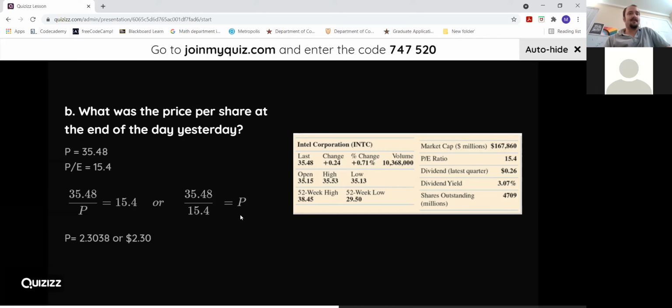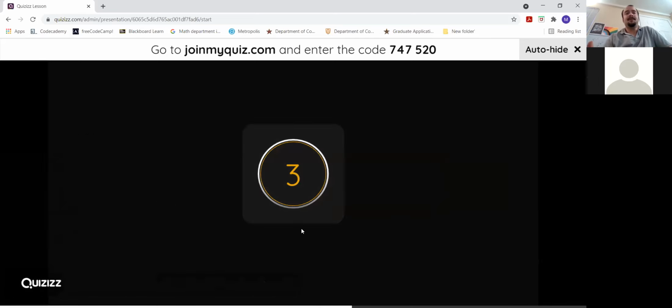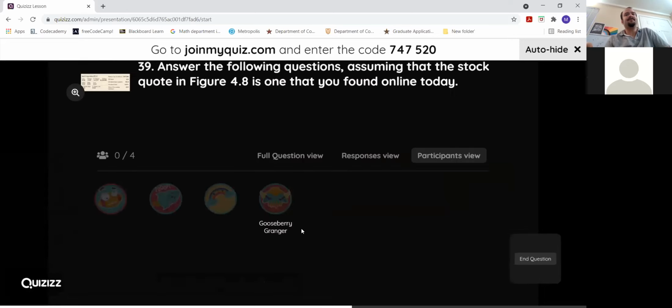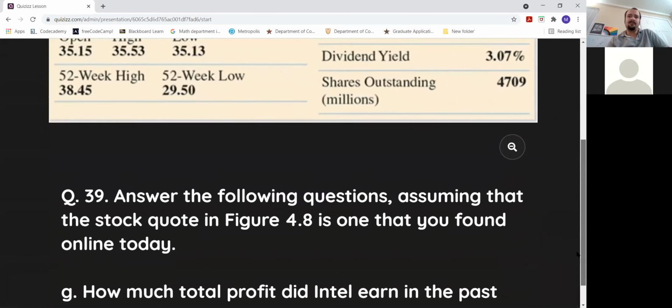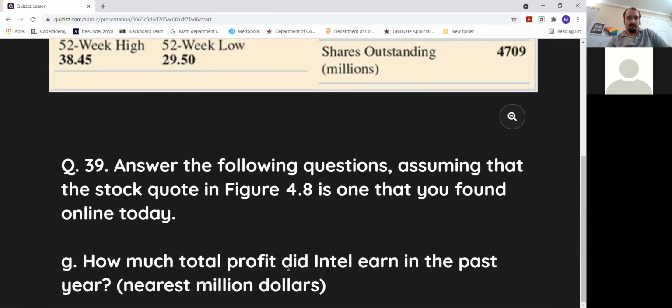So this I think comes up again. But that's going to give you $2.30 for each share. So that's the amount that they're going to earn per share. Now, how much are they going to earn total? What was their total profit?